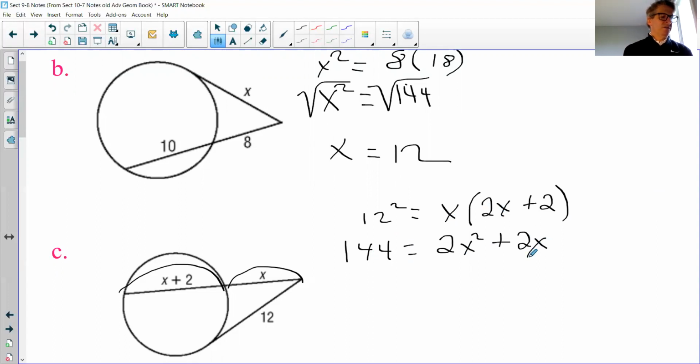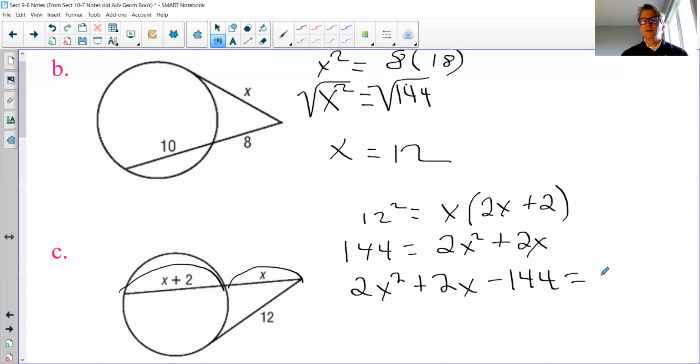Okay, now we're going to try to solve for x. I'm going to move the 144 over, and I will have 2x squared plus 2x. If I subtract the 144 from both sides, I would have set up my factoring, set it equal to 0. So I want to solve for the x by factoring.